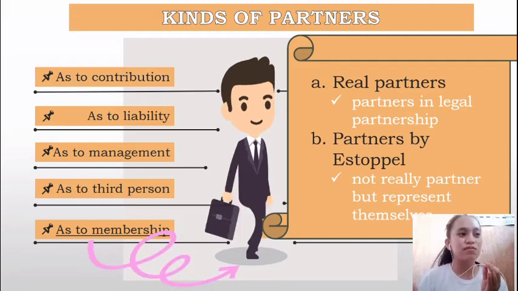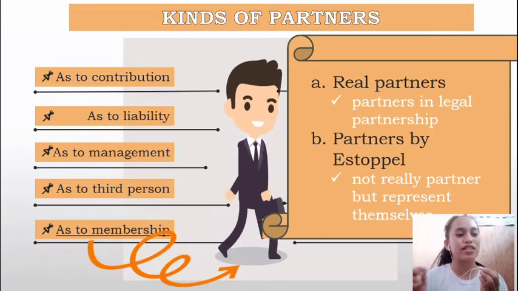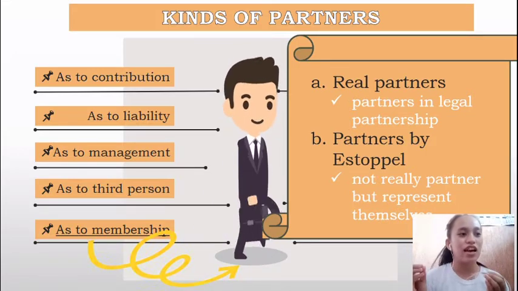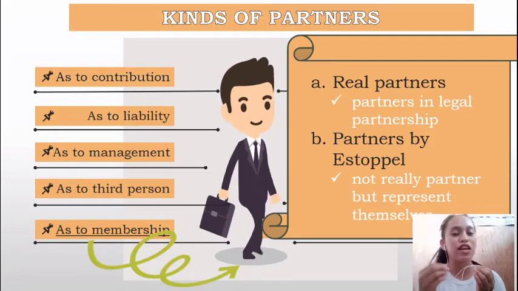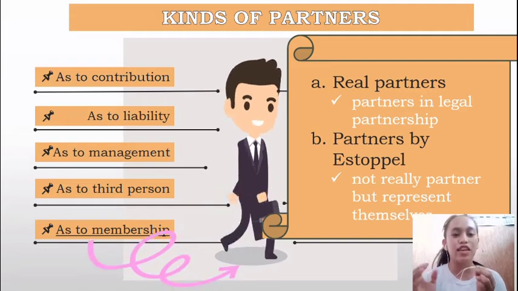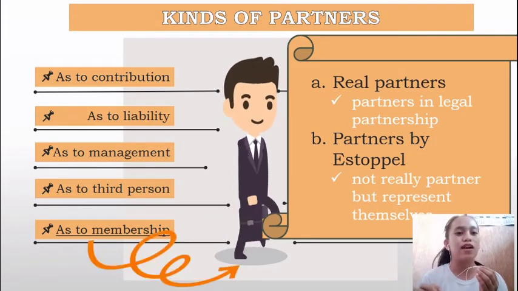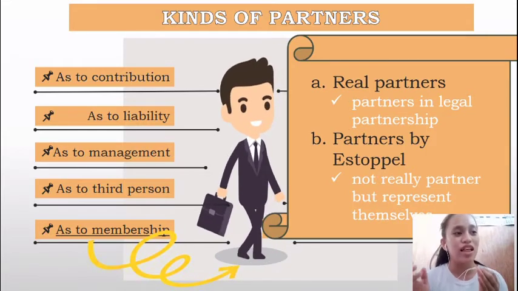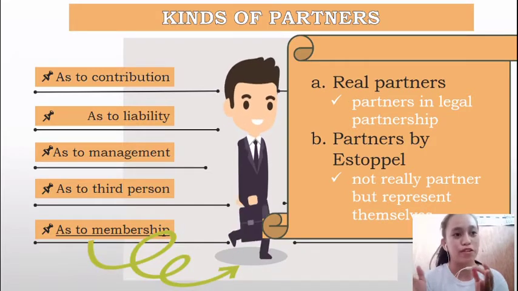While partners by estoppel are not really partners but represent themselves as partners, meaning technically and legally they are not part of the partnership but represent themselves as members. If so, they are liable to the obligation of the general partner, on the assumption that they are actual partners of the firm.